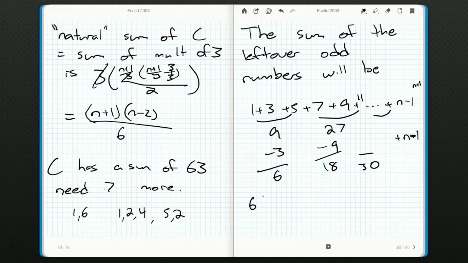So it'll be 6 times (1 plus 3 plus 5 plus etc.), and then plus n minus 1. The sum of a bunch of odd numbers is a square. Which square are we talking about? That's a good question.